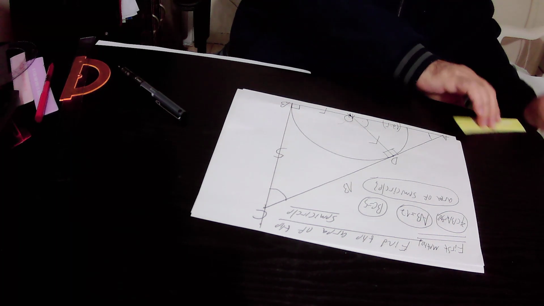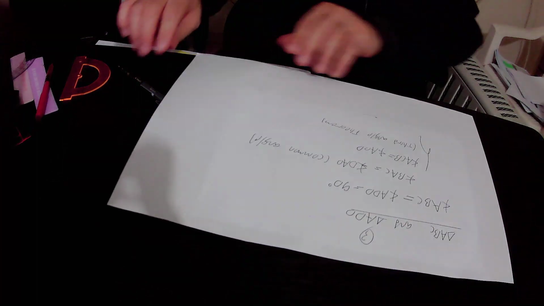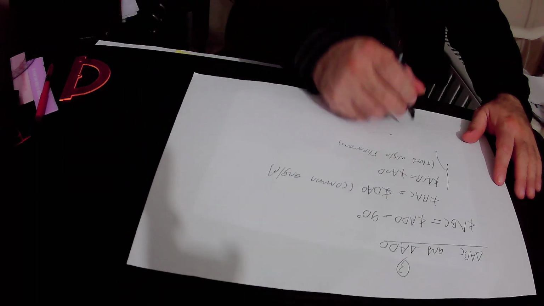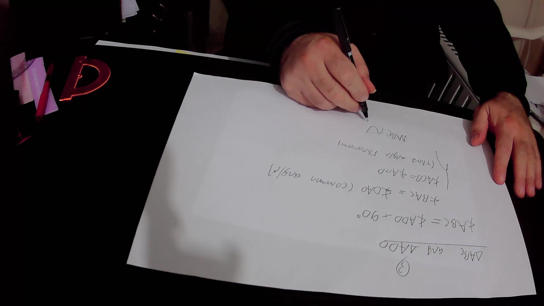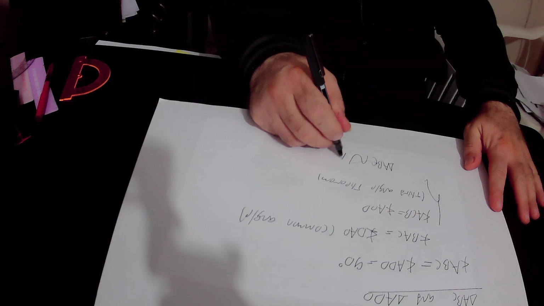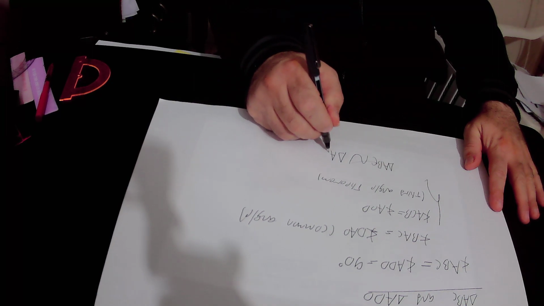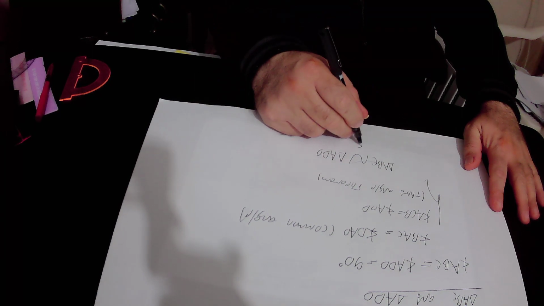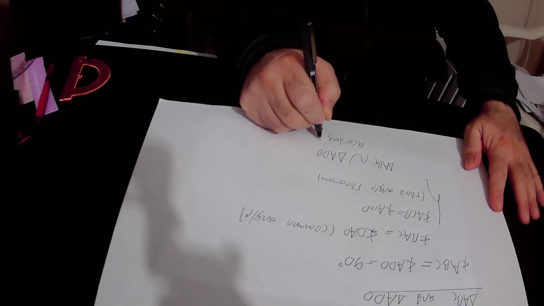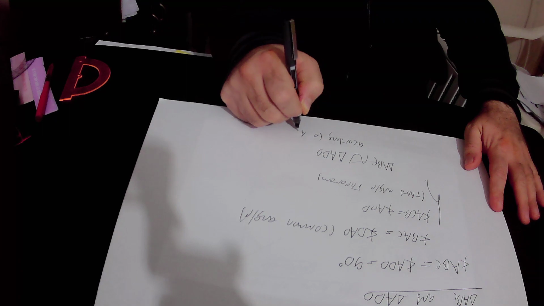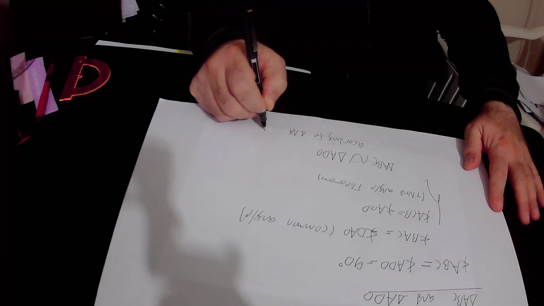Therefore, we proved that triangle ABC is similar, this is the sign of similar, to triangle ADO according to the angle similarity rule.